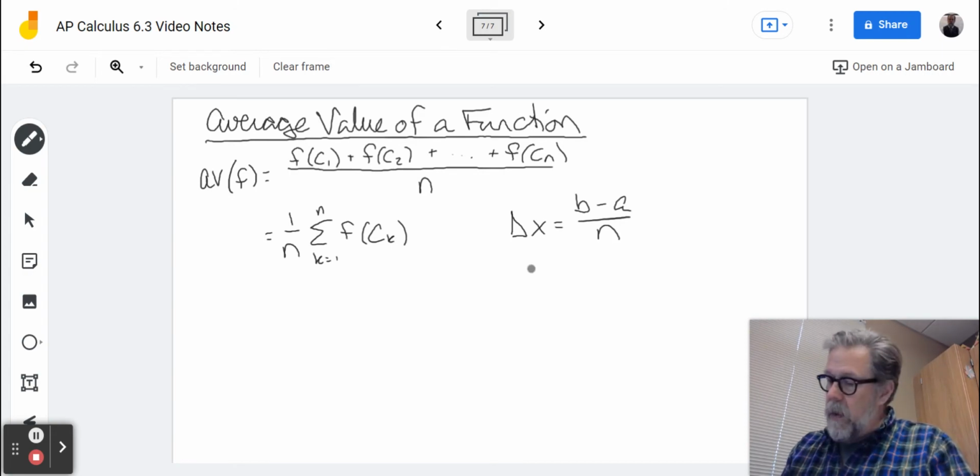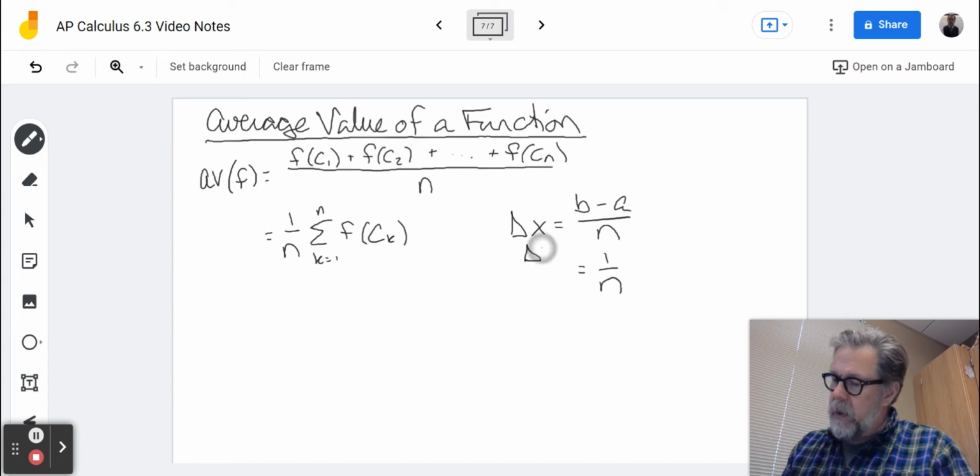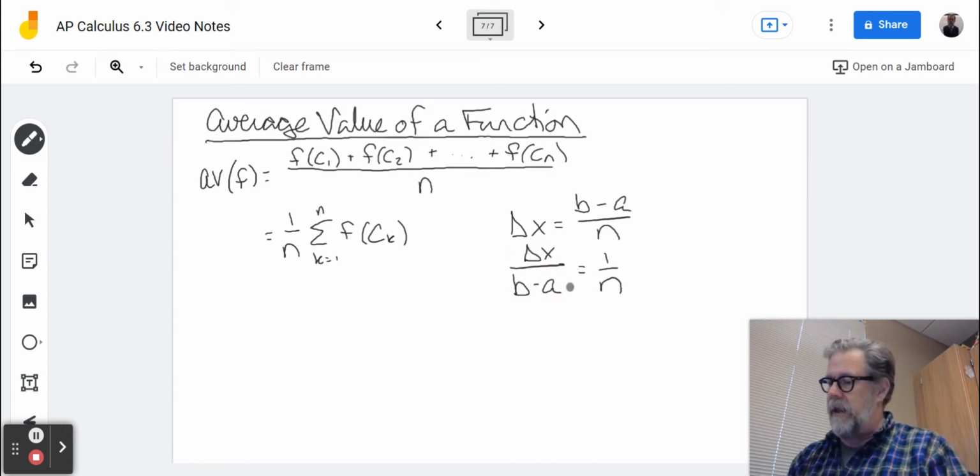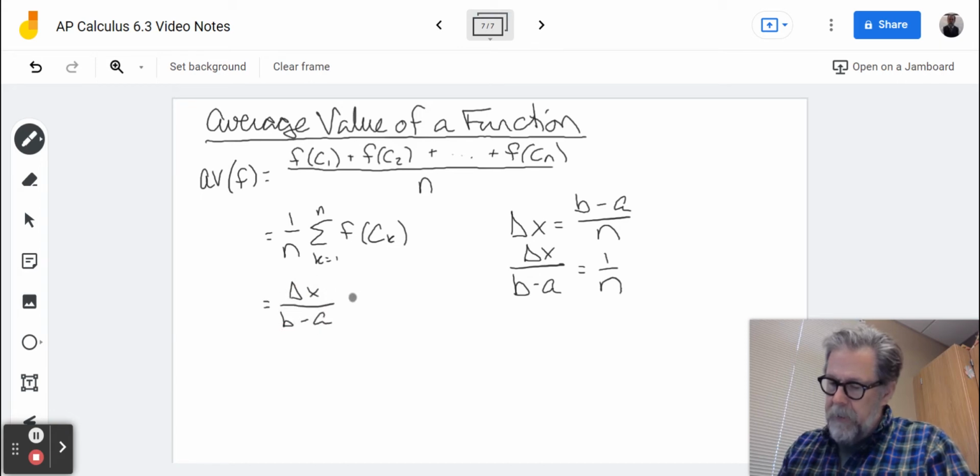But that means that 1 over n is just equal to the width of a rectangle divided by the width of the interval. So I can now write this as delta x over b minus a times the sum.